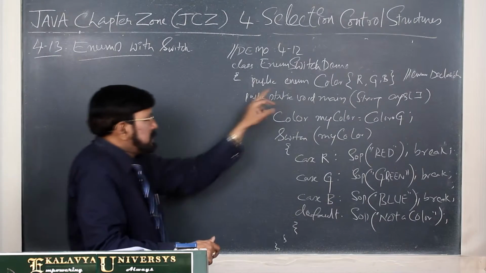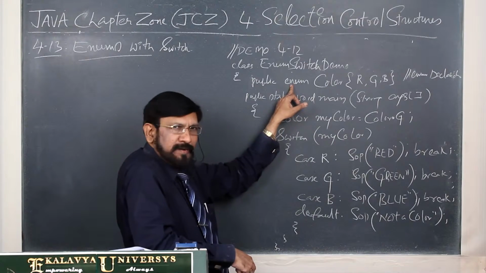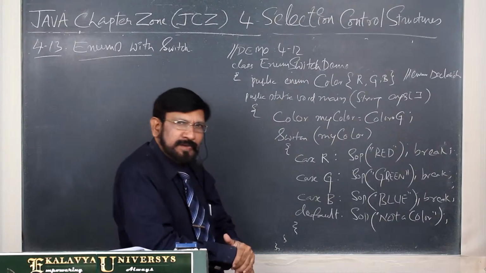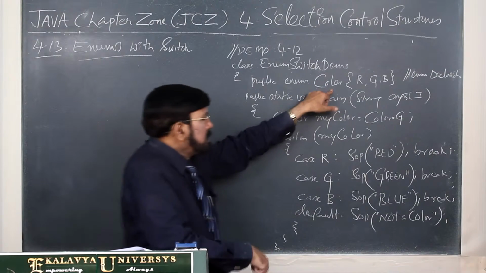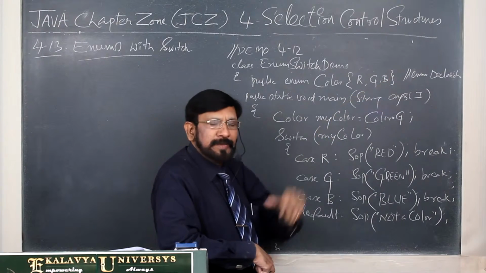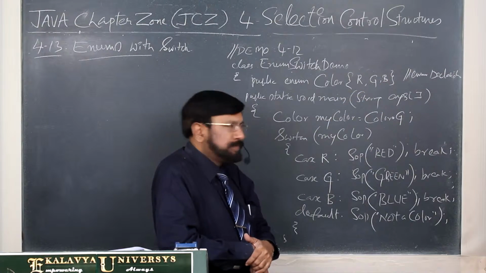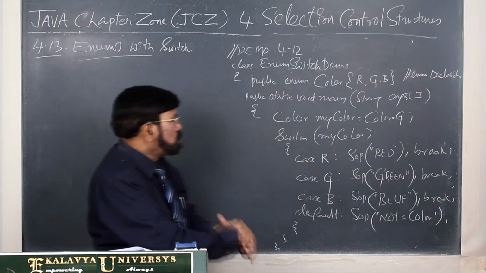Now, subject to that, I explain enum. This is an enum declaration. Enum is a keyword, and the enum declaration is Color, with enumerators R, G, and B. R represents red, G represents green, and B represents blue.